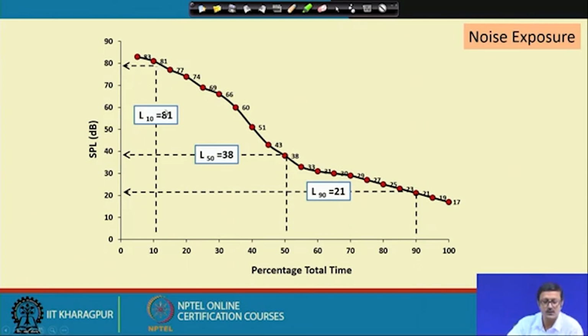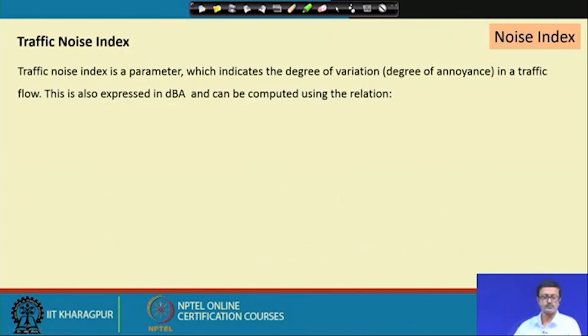So, 81 will be your L10, 38 will be the L50 because there are 10 dots above that, and 2 are below 21. So, this 21 is this one. I think this line has to be shifted a little bit here. So, it is more than 21, that is the 90% level.